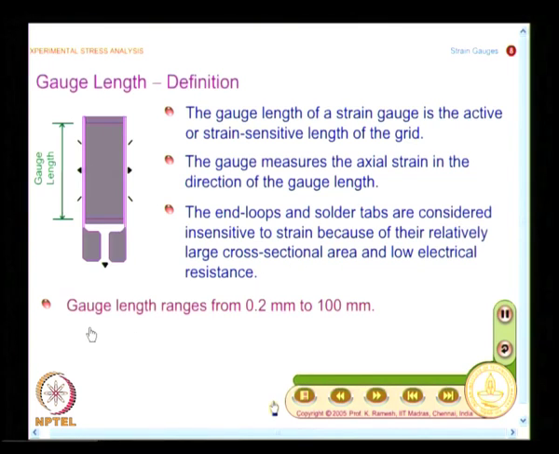You have seen in the enlarged picture that end loops are made deliberately thick, so that they have low resistance and they will be relatively insensitive to strain measurement in the transverse direction. And another aspect is, what is the range of gauge lengths? It ranges from 0.2 millimeter to 100 millimeter. So, you can't simply jump and say I will always use a 0.2 millimeter strain gauge.